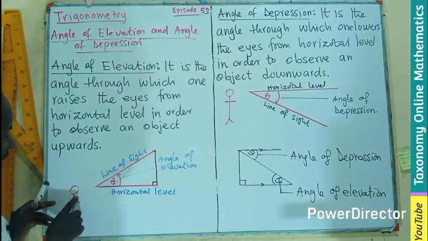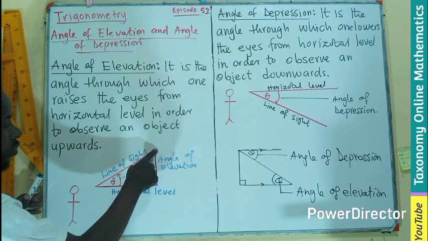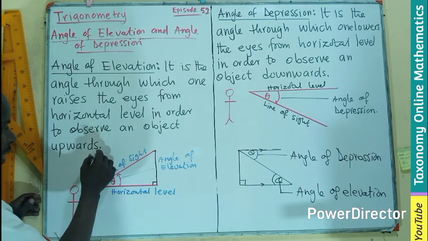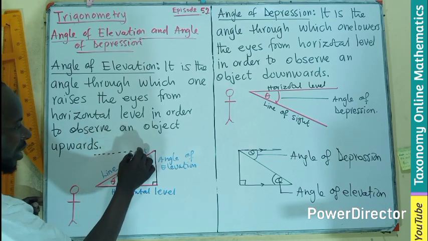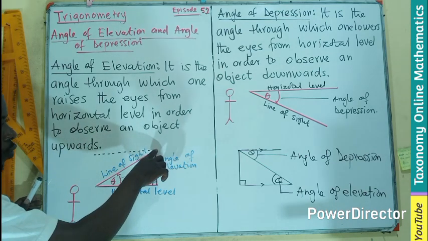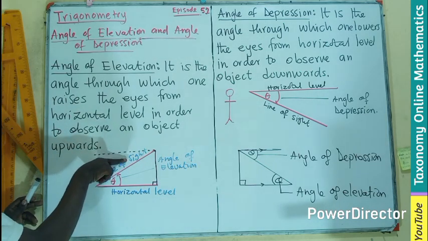Now, if the person is watching the bird, and if the bird is also trying to watch the person, it will be watching through the same line of sight. And the bird will have a horizontal eye level like this. So the bird will also watch through the same line of sight, but looking below this line.